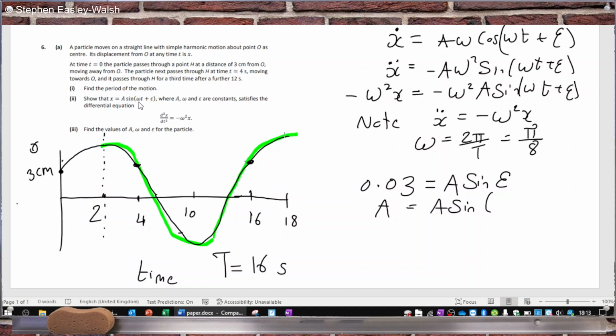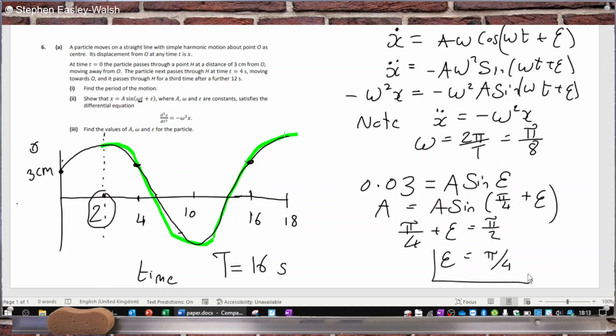We're subbing in t is 2. We're looking at this point here. So that would be pi over 4 plus epsilon, which has to equal 90 degrees, pi over 2. So that means epsilon is pi over 4.